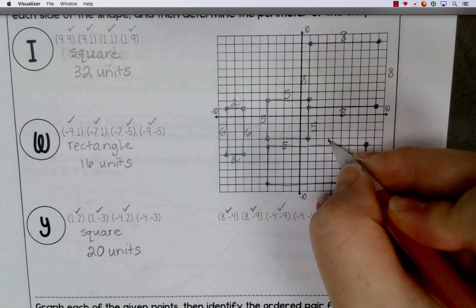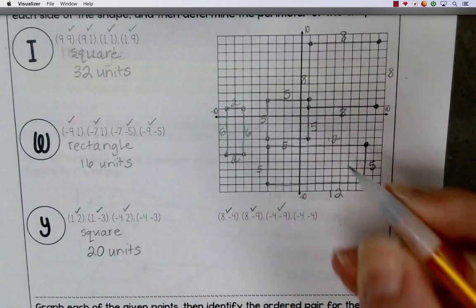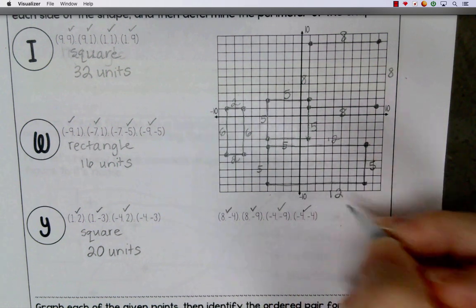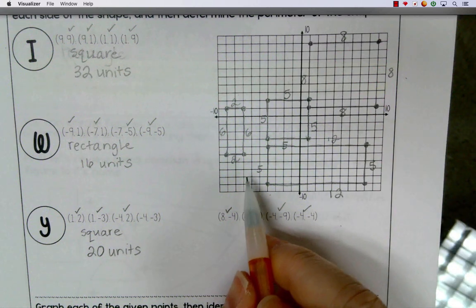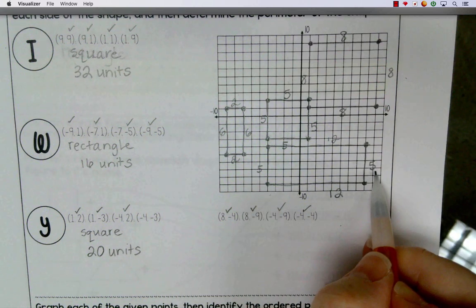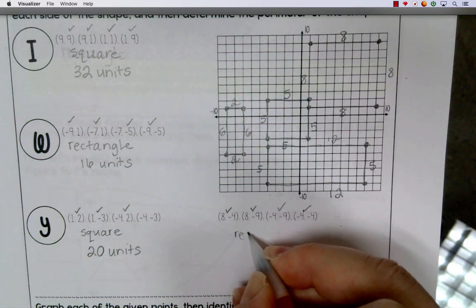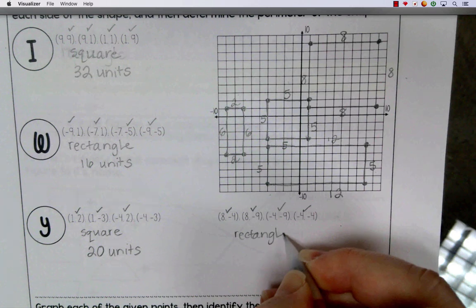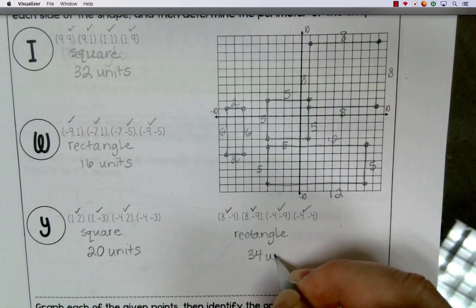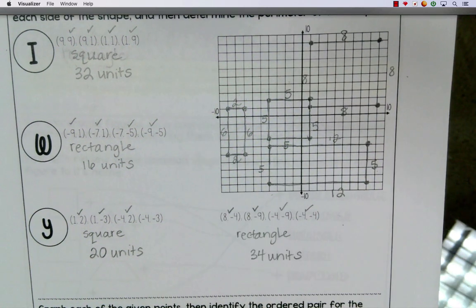So that's definitely a rectangle. 12 plus 12 is 24. 24 plus 5 plus 5, 24 plus 10 is 34 units. So we have a rectangle with 34 units. There it is. All right.